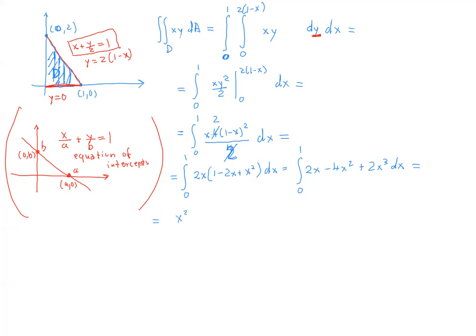We will have x squared minus 4/3 x cubed plus 2 times x to the 4th over 4, so this will be 1/2 x to the 4th. And we want to go from 0 to 1. So this will give us 1 minus 4/3 plus 1/2. And this is going to be, so 6 is the common denominator, 6 minus 8 plus 3 over 6, which is 1/6.